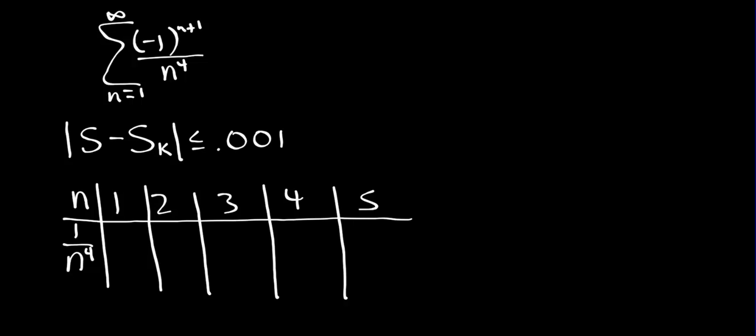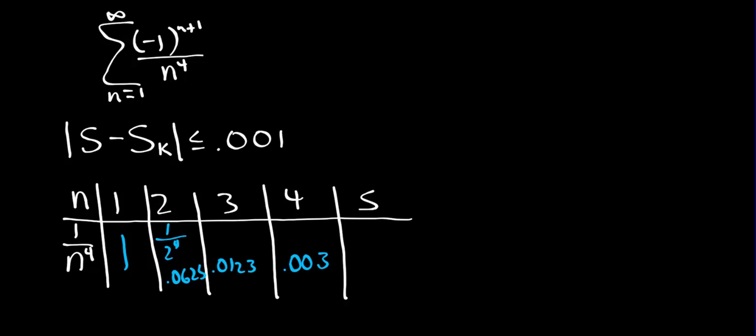So of course, when n equals 1, we just have 1. When n is 2, we've got 1 over 2 to the fourth, which is 0.0625. Now we put in a 3, and we've got 0.0123, rounding. And if I put in a 4, I get 0.003.